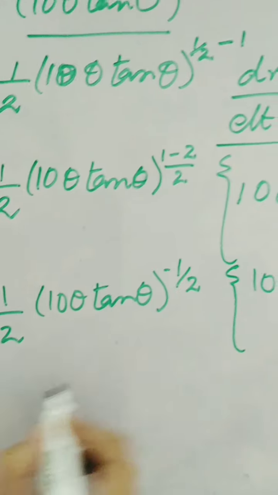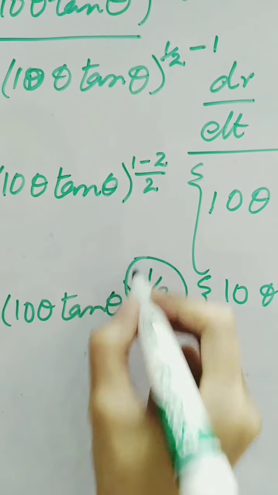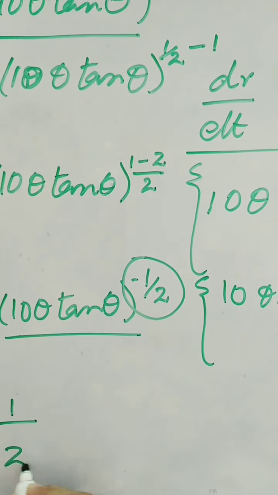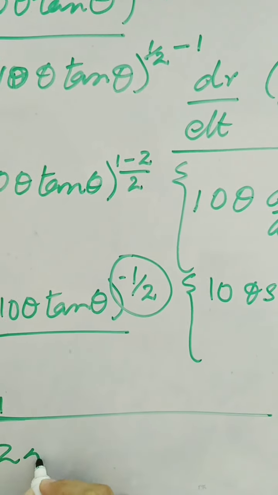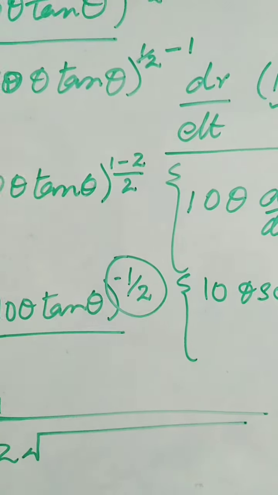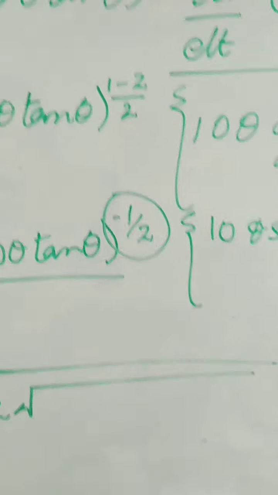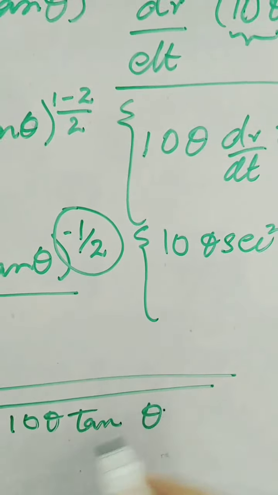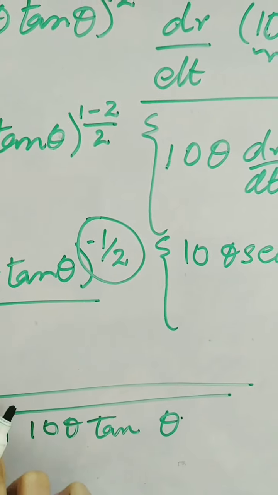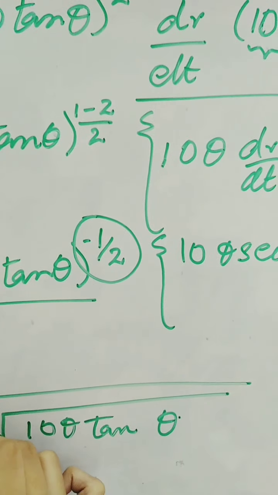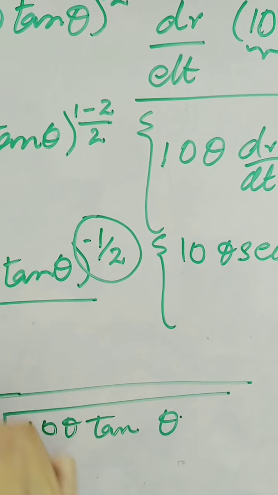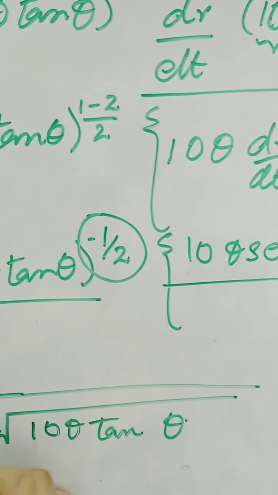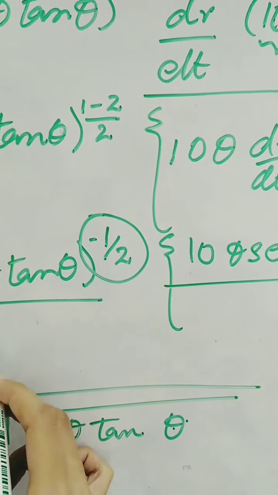Now this is in the negative power. If we take this expression into the denominator, we will have 1 over 2 root of theta tan theta, as we know that the power 1 over 2 is equivalent to the root. This one is going to multiply with this expression, and this 2 is going to multiply with this expression.